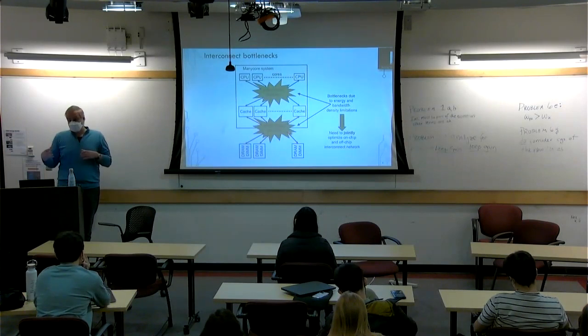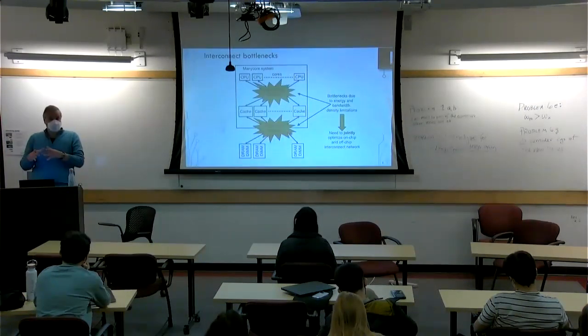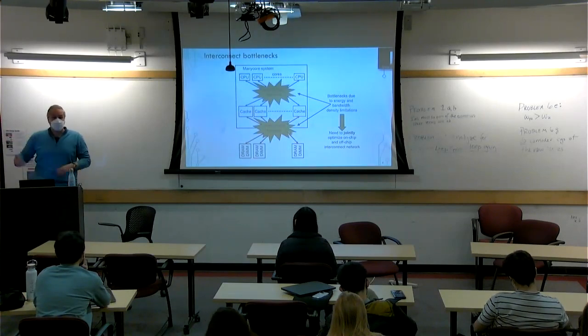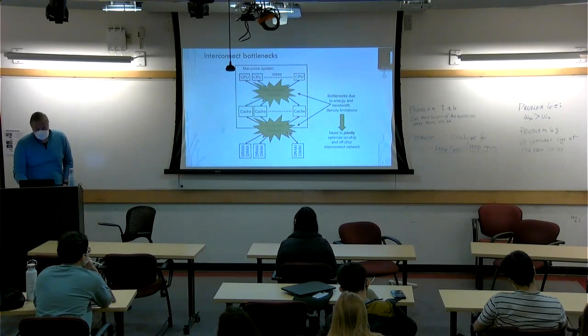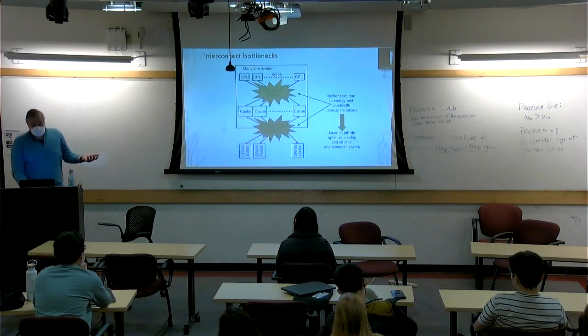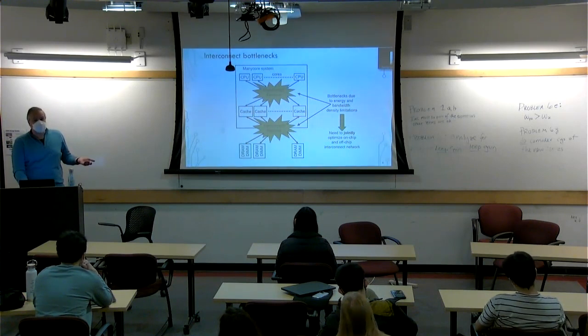In modern technologies, as we'll see, they could sit on the package like HBM, high bandwidth memory, or somewhere on the board. You have to balance these two interconnect networks, because if you over-provision the internal one, it will only serve the applications that can fit in the cache, at the expense of the other interconnect network.